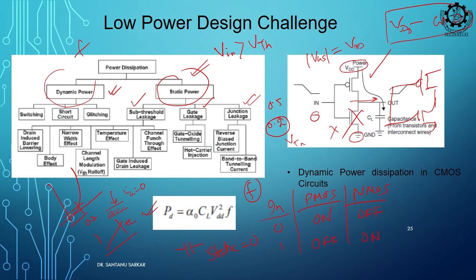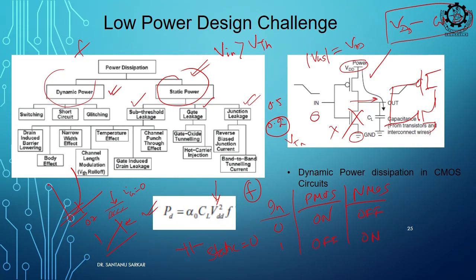Then we discussed this equation and we saw that if we can scale down VDD, we can reduce this dynamic power, and we did that from 3.3 volt, 2.2 volt, 1.8 volt, 1 volt, 0.9 volt, and how far you can go.